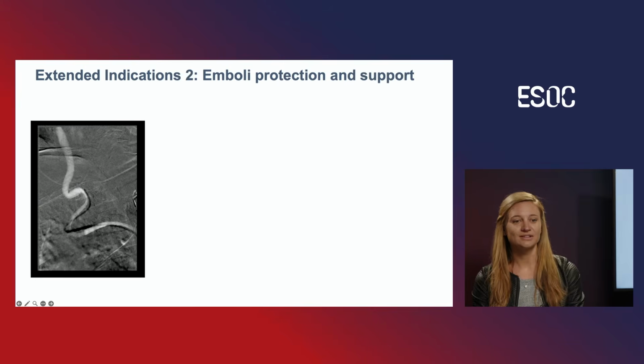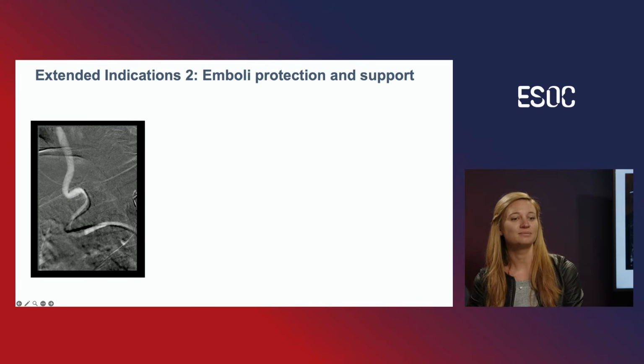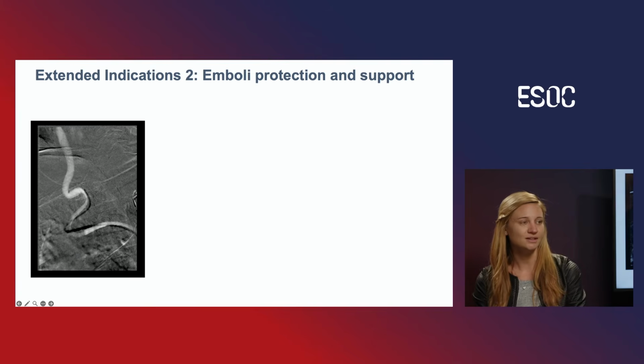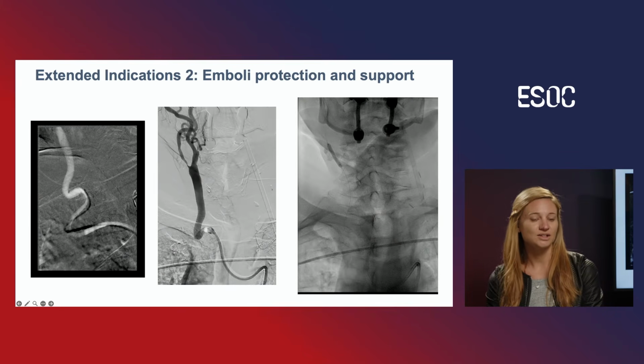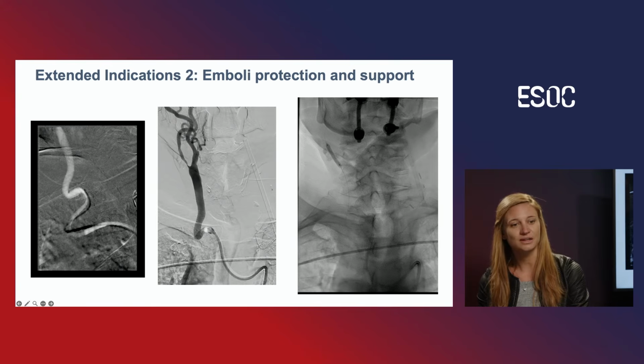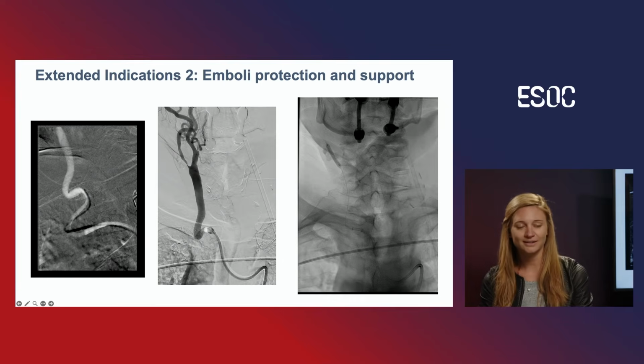Always. Always, yeah. So here's a case for that. It was a patient with a post-radiogenic stenosis in the ICA. These are the arterial access pictures where you can imagine it's not easy to go there. The external hospital tried it and failed because they did not have the balloon guiding catheter.